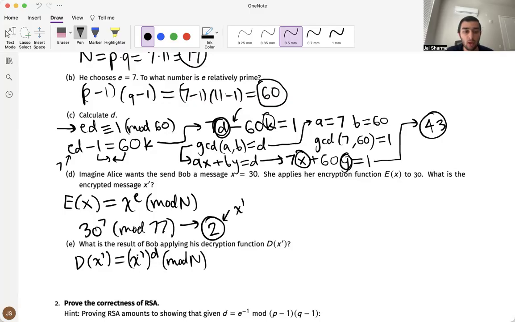So specifically, we have 2 over here, that's x prime, what we found in the previous problem, and then raise it to the power of d. D is 43. 2 to the power of 43 mod 77. If you calculate this out, we should get back what we started with, which is 30, right? Thank you.